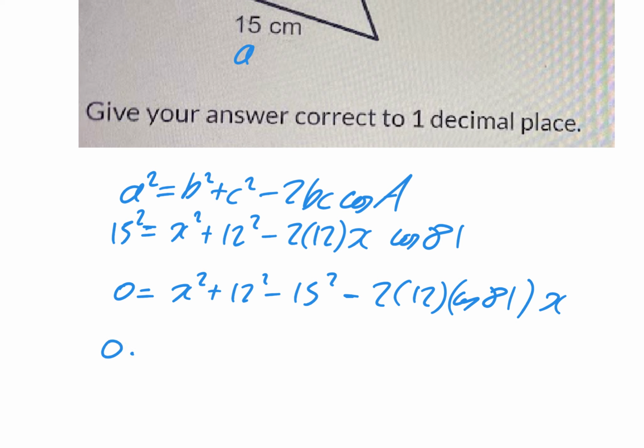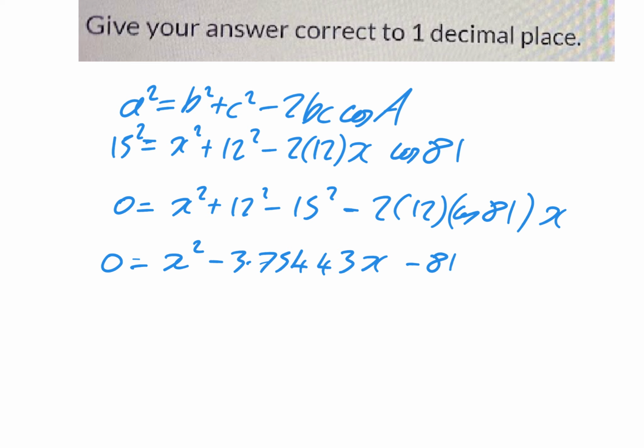So we've got 0 equals x squared, and then minus 2 times the 12 times the cos of 81, and I'm going to do this to 5 dp. That got me minus 3.75443, that was x. And then 12 squared minus 15 squared equals minus 81.